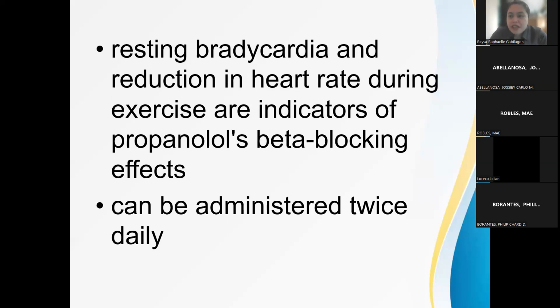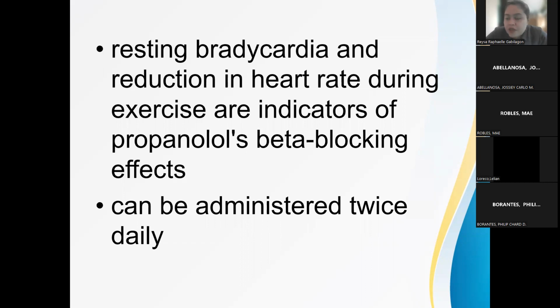So the patient again will have a lowered blood pressure, but at the same time, the indicator or indicators that the propranolol is really effective is when the patient experiences resting bradycardia and even bradycardia after exercise. So I told you last time, our normal heart rate is 60 to 100 beats per minute.